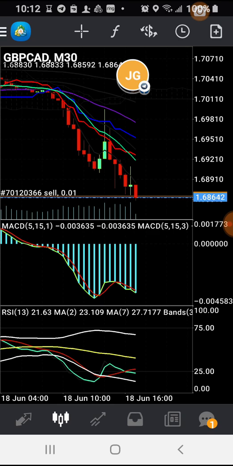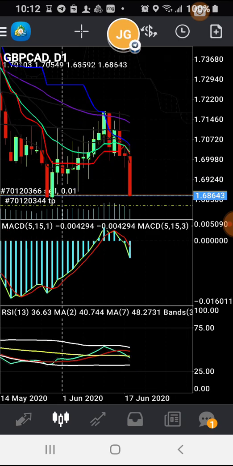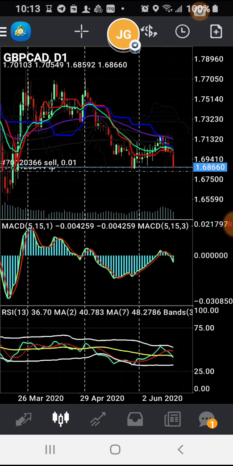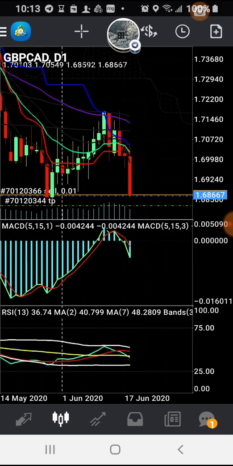This is what it looked like on the 30 minute. This is what it looks like on the daily. Right now is right at structure. It's kind of bouncing off of that. It's formulating.